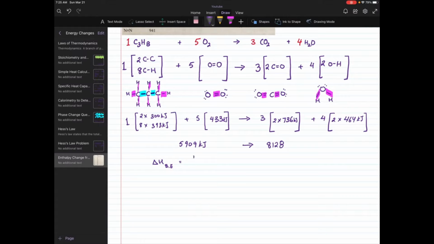We have to figure out the sum of all the bonds broken minus the sum of all the energies of bonds formed, which is equal to 5909 kilojoules minus this 8128 kilojoules, and that will give us 5909 minus 8128, which is negative 2219 kilojoules of energy.